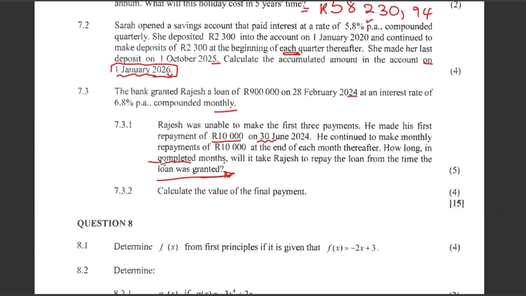Okay, so we know that since it's a loan, we're focusing on the present value. But for the first 3 payments that we missed, the money must grow.